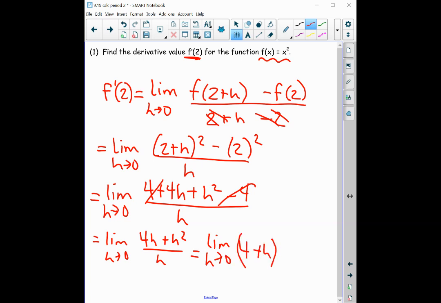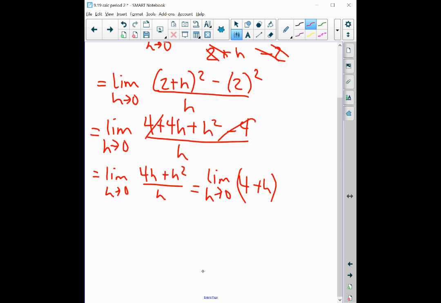Technically, I should have this in parentheses since it looks like a sum. Then I'm actually going to take the limit here, so I'm going to plug in 0 for h. Now, at that point, when I replace h with 0, I've taken the limit. I can drop the limit notation, and I end up getting 4 as the limit value, which tells me f prime of 2 is equal to 4.